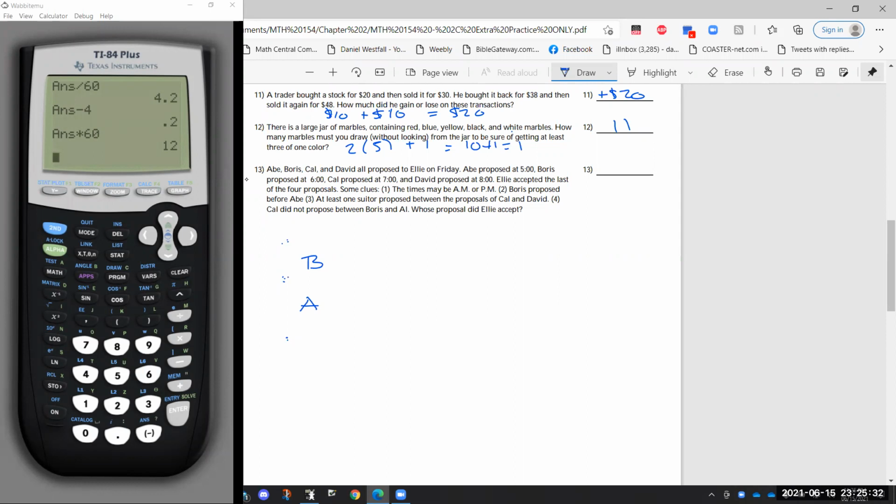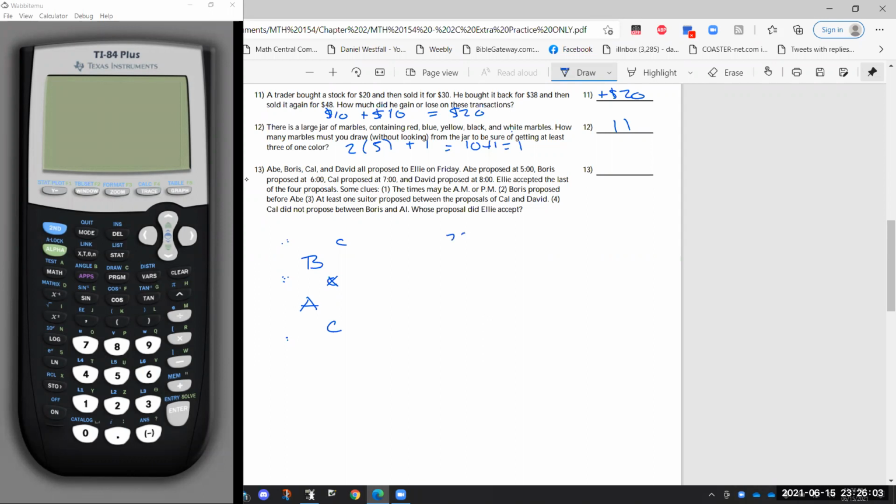Cal did not propose between Boris and Abe. Okay, so C is not here, which means C has to be either here or here. Now I'm going to have to use the times to figure out where Cal is. Cal's at 7. So let's think of this.